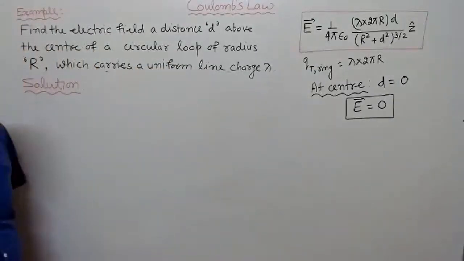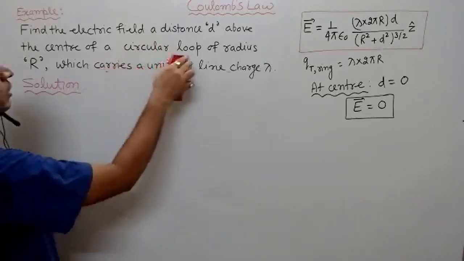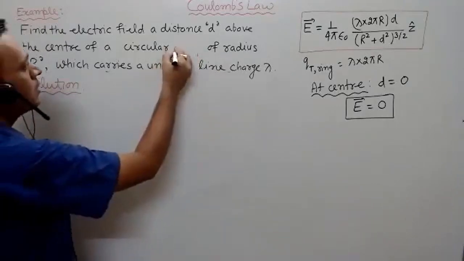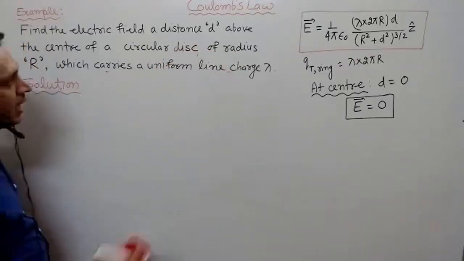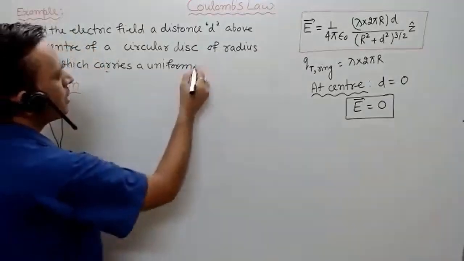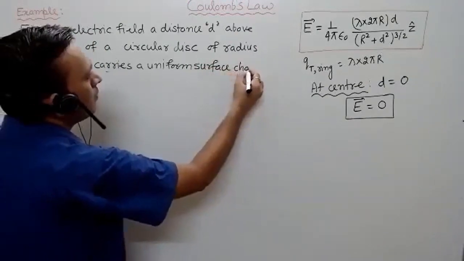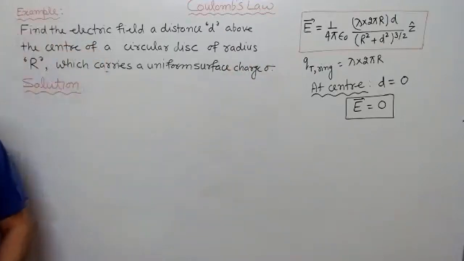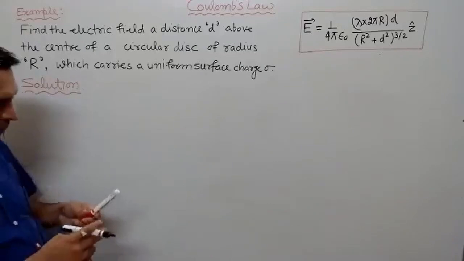So again, write down: find the electric field d distance above the center of a circular disk of radius capital R, which carries uniform surface charge sigma. Now you have uniform surface charge sigma. So let us see its solution.